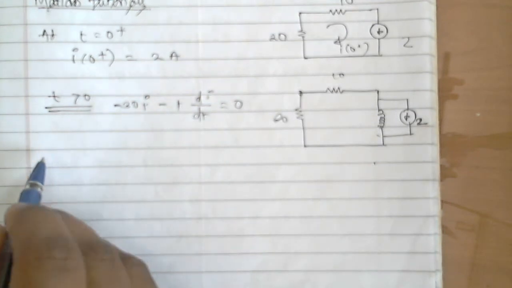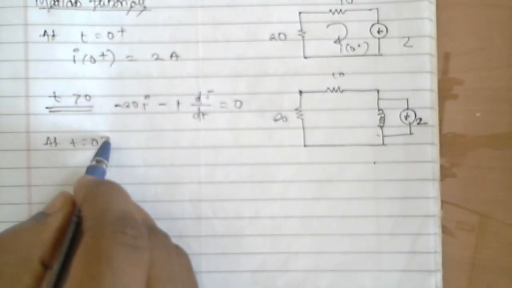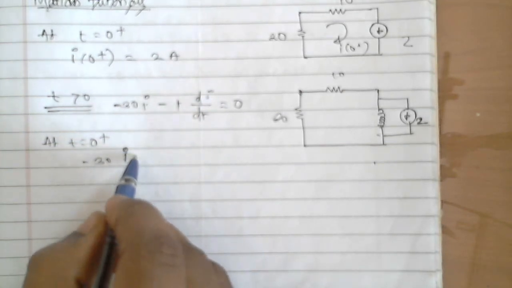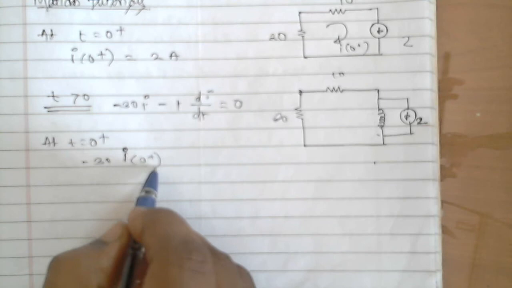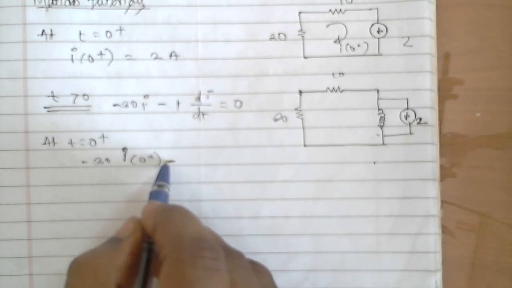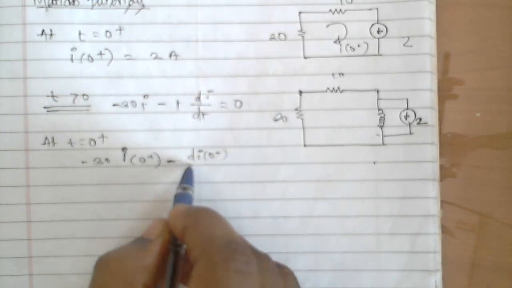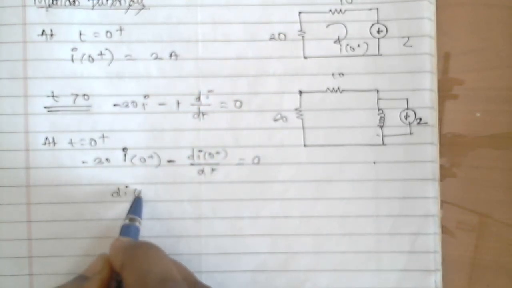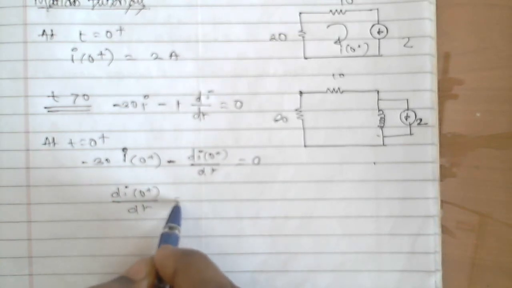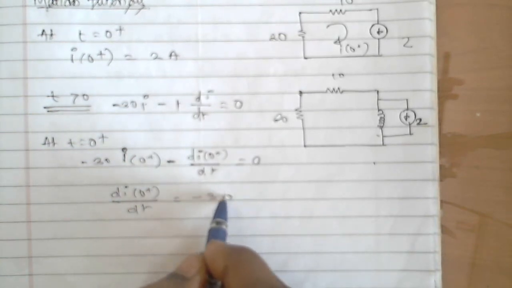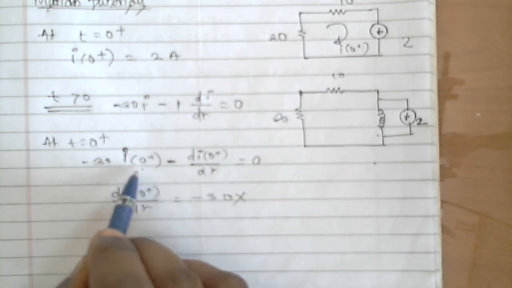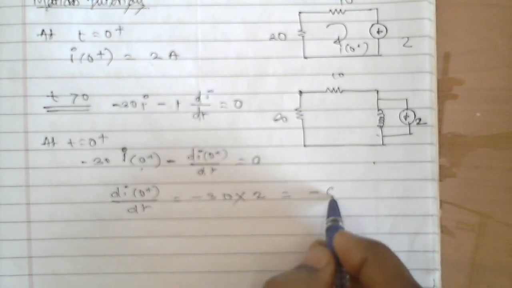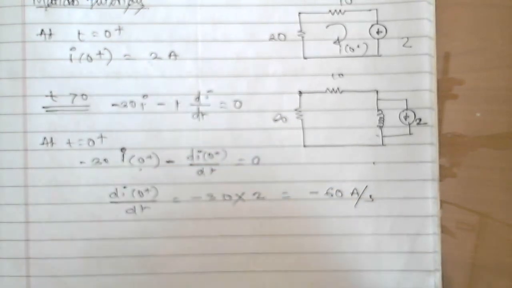At t equal to 0 plus, I will replace the values with all 0 plus values: 30 minus 30 i at 0 plus minus di at 0 plus by dt equal to 0. So di at 0 plus by dt equals minus 30 into i at 0 plus, which is already given as 2. So minus 30 into 2 becomes minus 60 ampere per second.